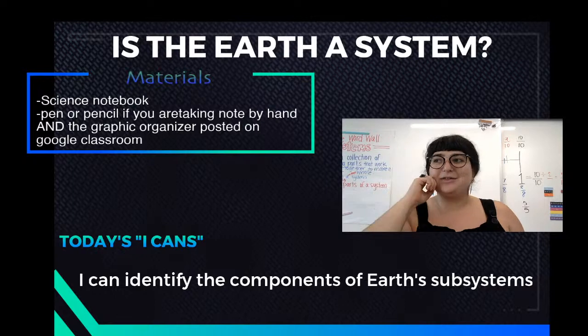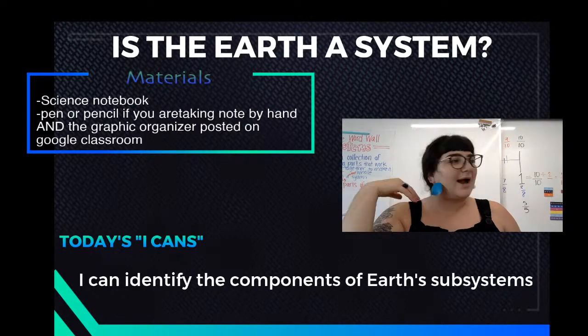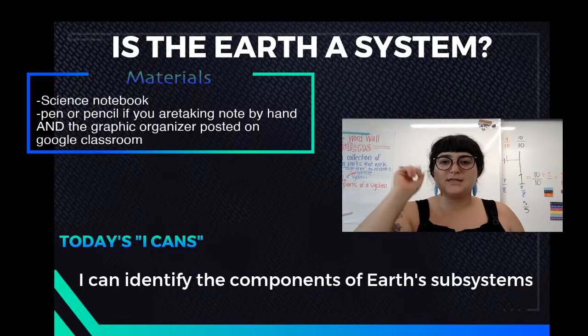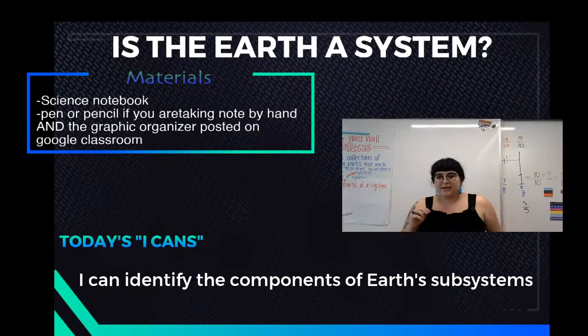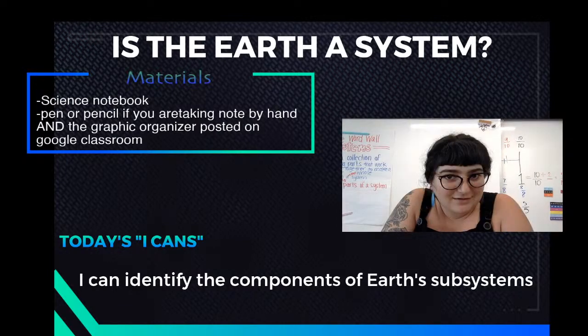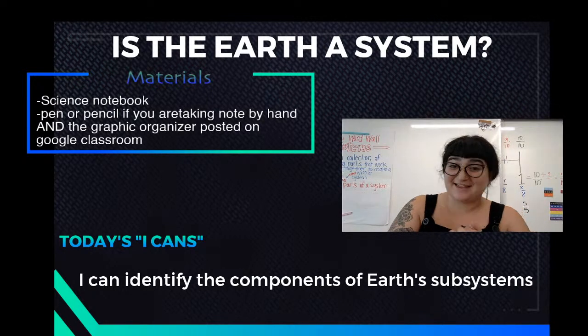Now, Earth, we're standing on it. We're here. Look around. Is the Earth a system? This is a really important piece to consider. Some of us might think that Earth is not a living thing. Some of us might disagree that Earth is a living thing.